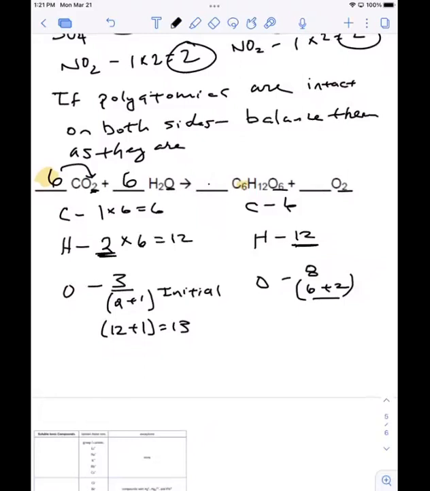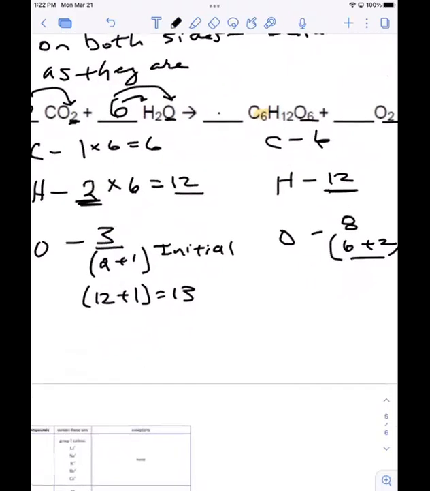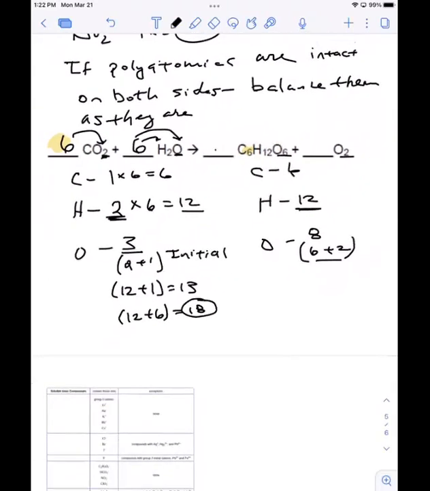Right? Everybody okay with that? It's also going to distribute through to oxygen. So now we're going to have 12 plus what? 6. 12 plus 6. So that's the final number of oxygens on the left side, on the reactant side.